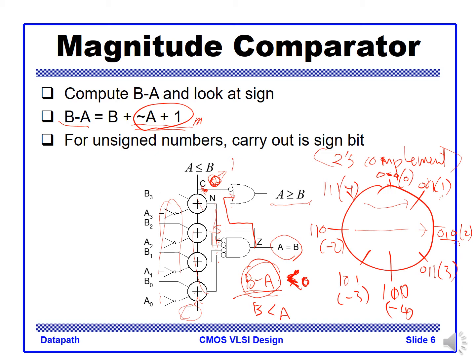For example, what would be the case? B is 1 and A is 2. For example, B is 1, 0, 1, and A is 0, 1, 0. If you want to make a subtraction there, what we can do is invert 1, 0, 1 and plus 1.